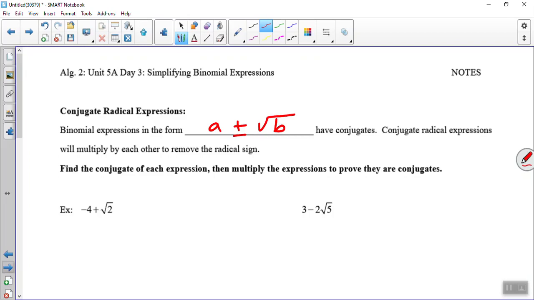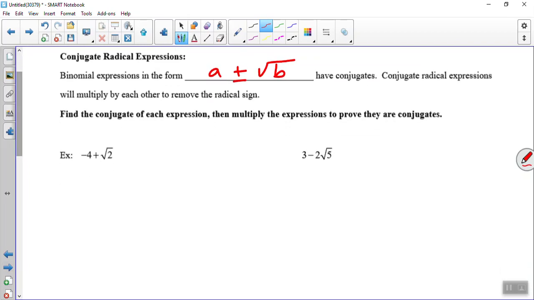So the first thing to be able to do is identify what the conjugate is. If negative 4 plus root 2 is the denominator, what is the conjugate of that? Remember, all we're doing is changing the second sign. So the conjugate of this is negative 4 minus root 2.